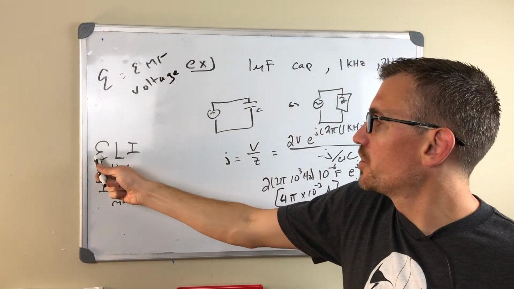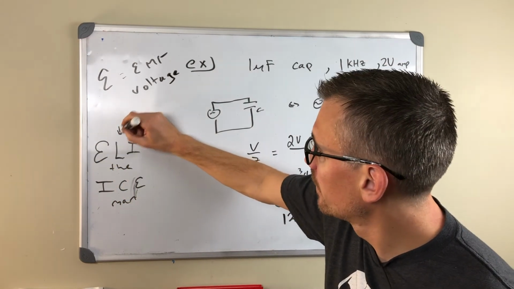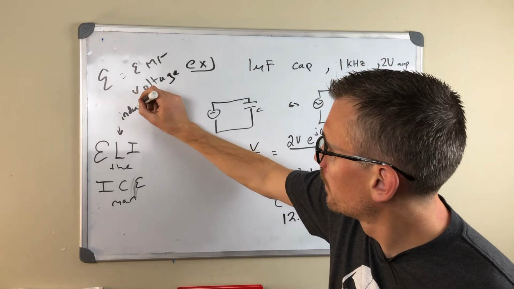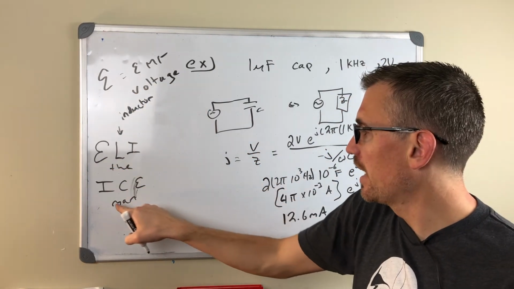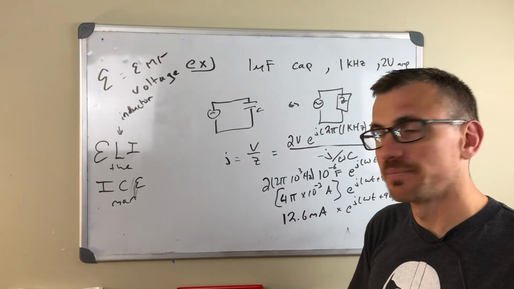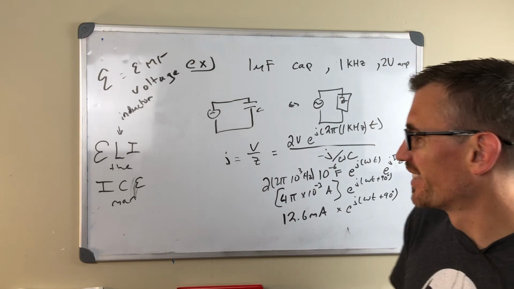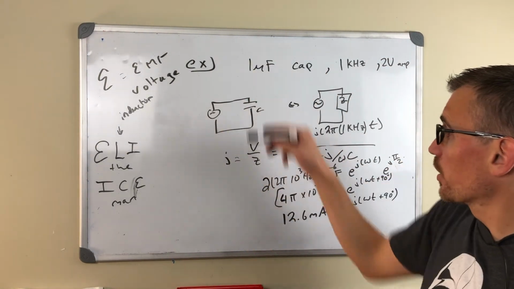So voltage leads current in an inductor, and current leads the voltage in a capacitor. ELI the ICEman. All right. So that's how it works.